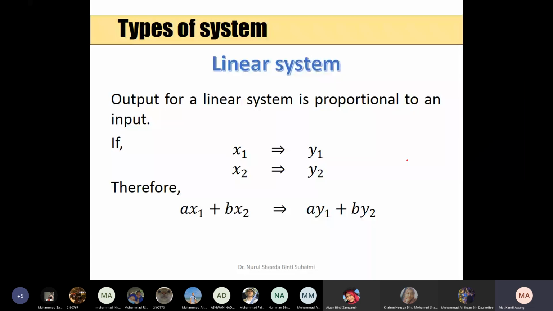Input X1 produces an output of Y1, and input X2 produces an output of Y2. Therefore, a combination of A X1 plus B X2 will produce an output of A Y1 plus B Y2. That is a linear system, where the output is scaled proportionally.